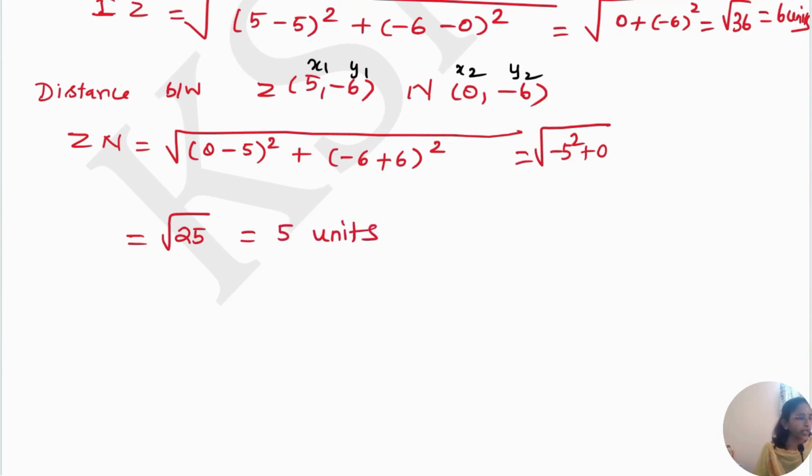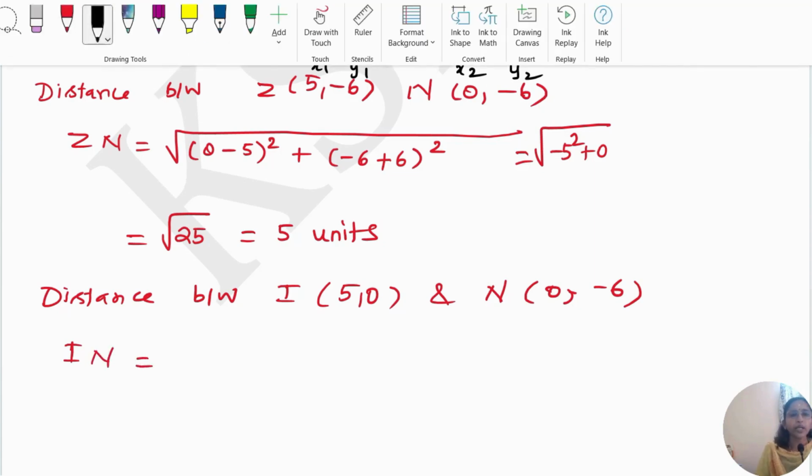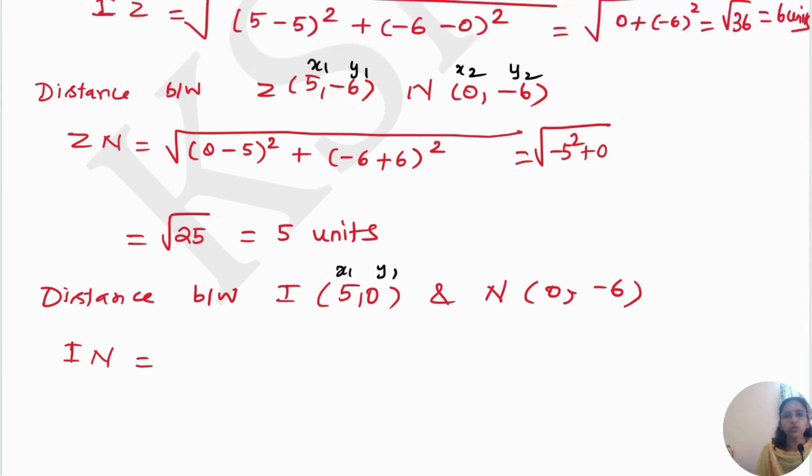And similarly, find the distance between the other two points, the third side. The distance between the points I and N. I is (5, 0) and N is (0, -6). Now mark your x1, y1, x2, y2.